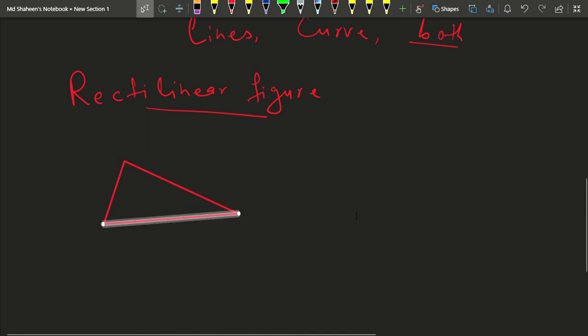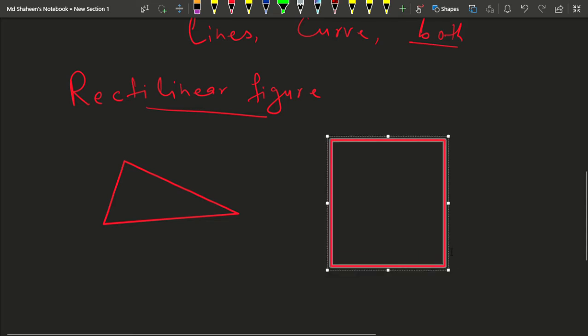To make a triangle, we need only line segments. We don't need any curves. To make a rectangle, we need only line segments like this. We don't need any curve. So these two figures are rectilinear figures.